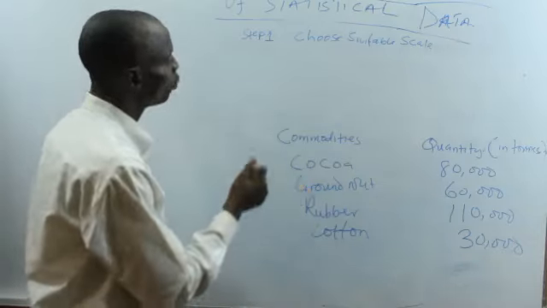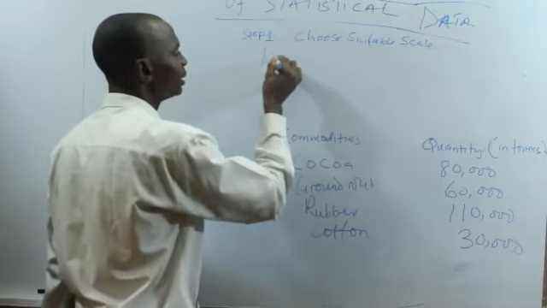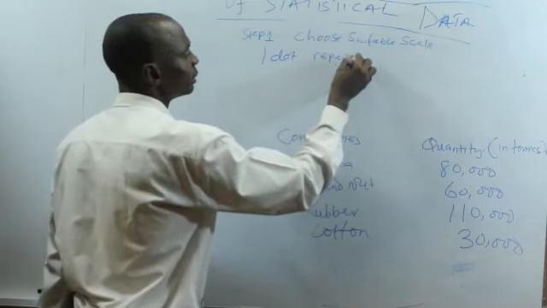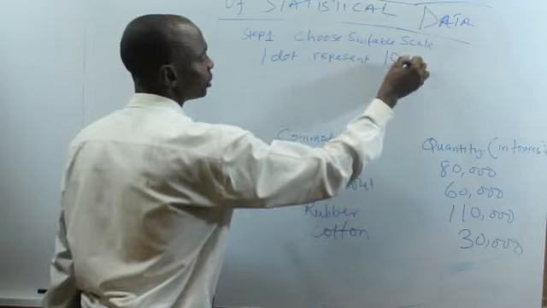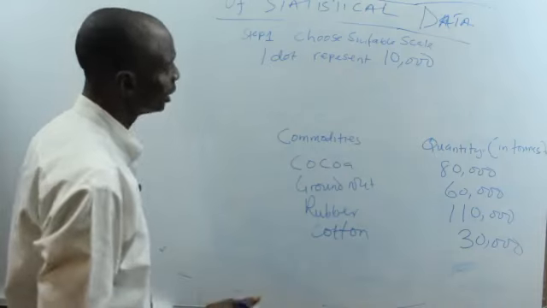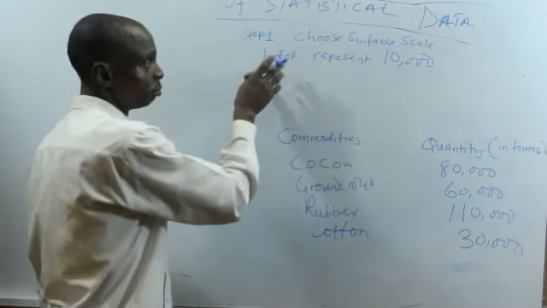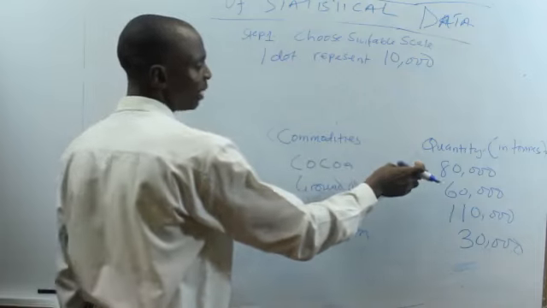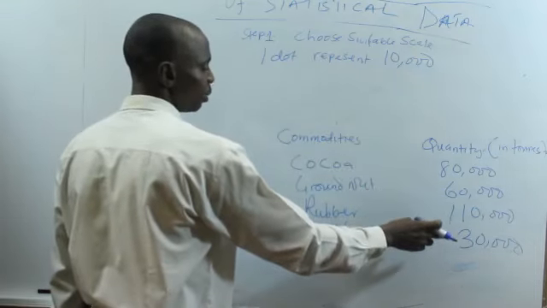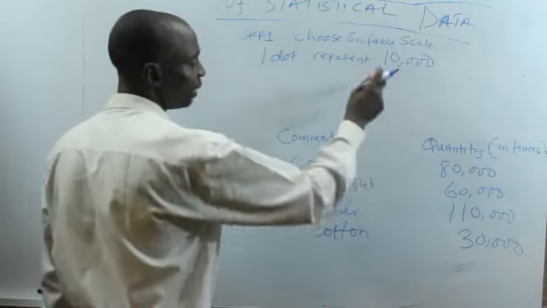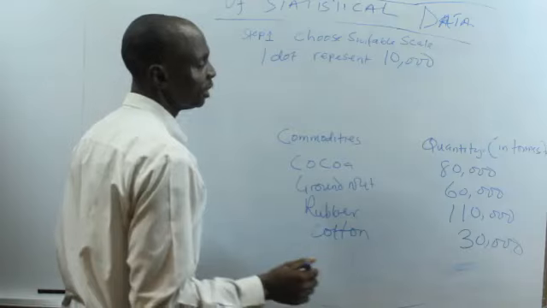In this case, we are going to use 1 dot represents 10,000. Then this is our scale. The next step is that you are going to divide each of these by 10,000 to give you the number of dots.